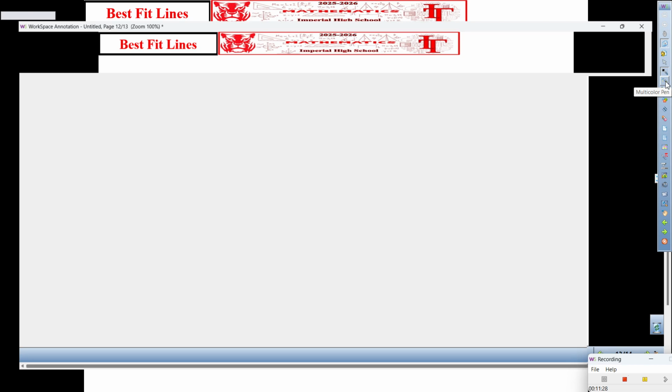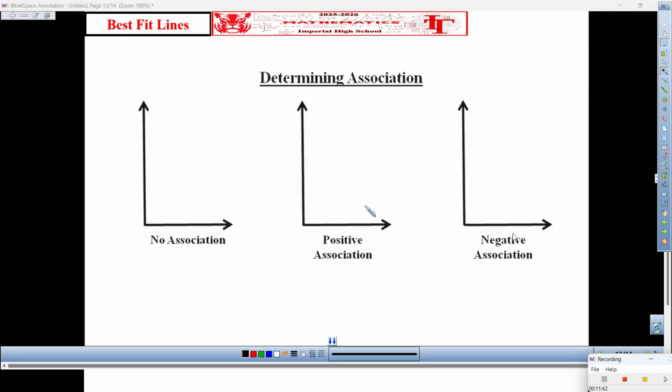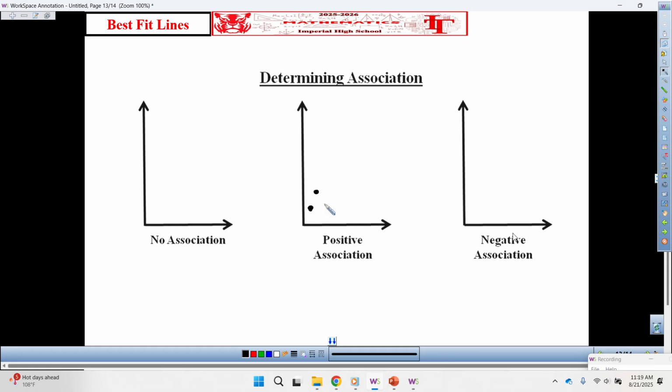I'm going to start with a positive one since I already showed it on the example. Here it goes. Positive association, when we go from left to right, usually starts low and goes in which direction, everyone?